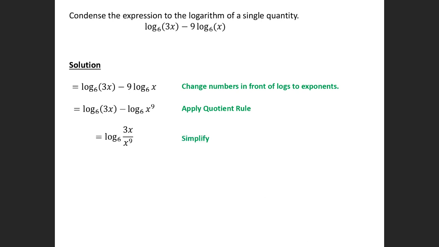And then from there, we can simplify this. So 3x divided by x to the 9th, one of these x's will cancel with one of the ones in the denominator. And so we're left with 3 divided by x to the 8th. So again, when you're doing this, you want to first take care of any numbers that are in the front of the log.